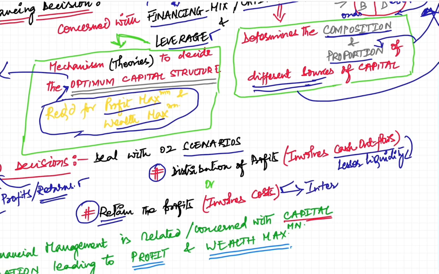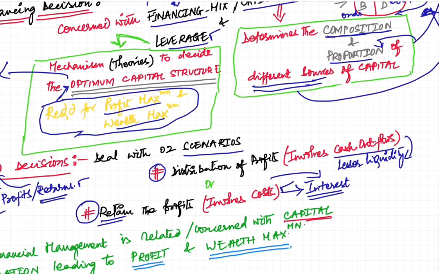That is what we call interest cost. What is the cost that you incur? Interest is the cost that you need to pay whenever you withhold the money that you owe to your shareholders, right? So, what should we do? Whether we should distribute the profits or retain the profits.